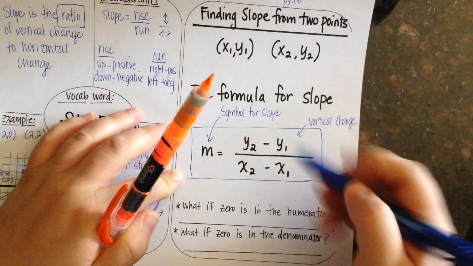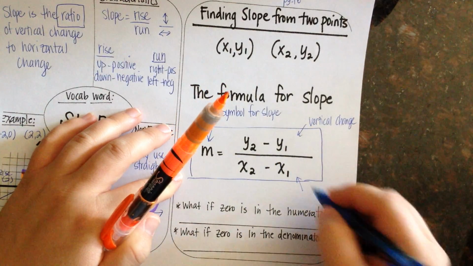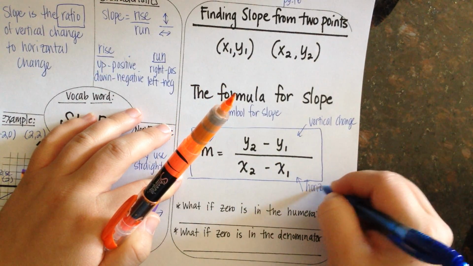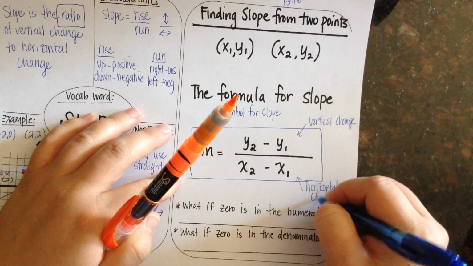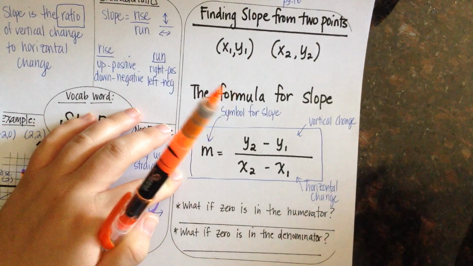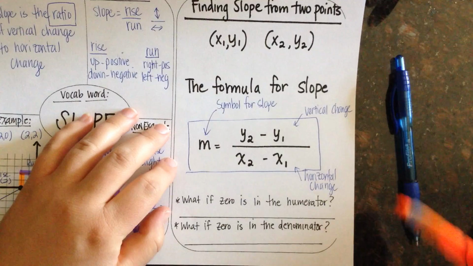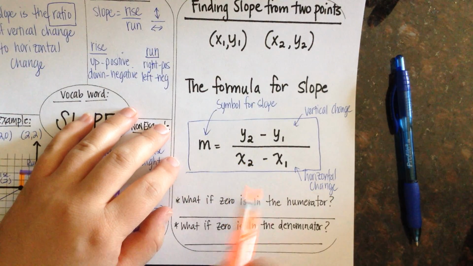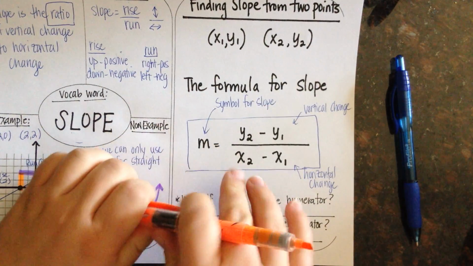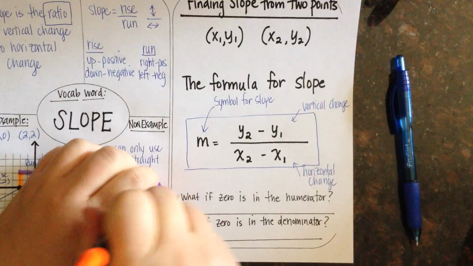This bottom expression is my horizontal change. How do my x numbers differ? Yes, x2 minus x1, watch your negatives again.